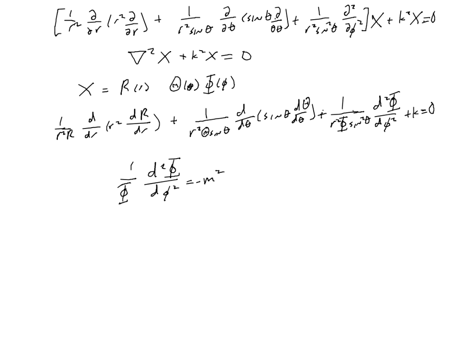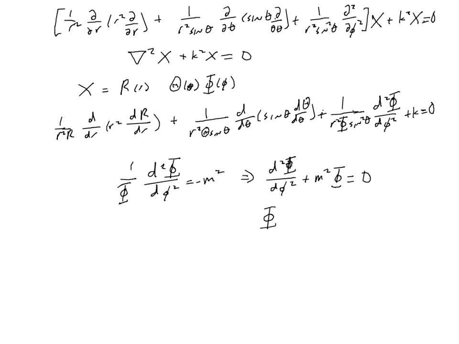And the reason why we chose that was because when you multiply it out, this gives you the differential equation, second derivative of Phi with respect to phi plus m squared Phi equals 0.